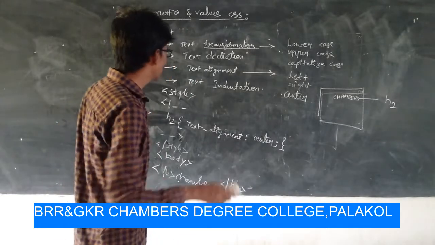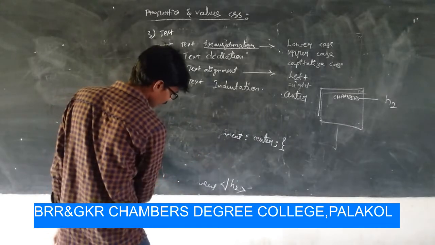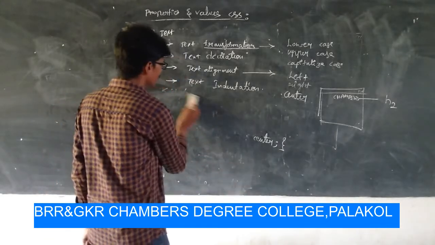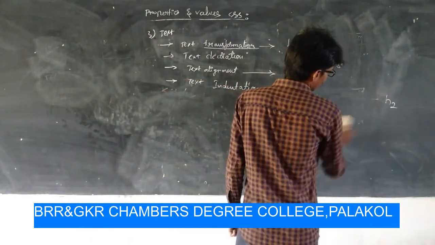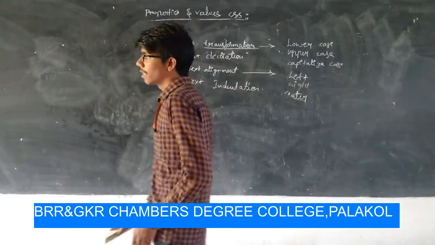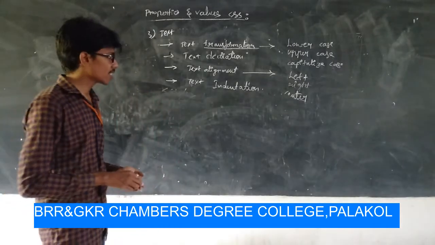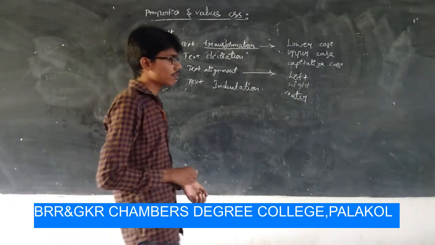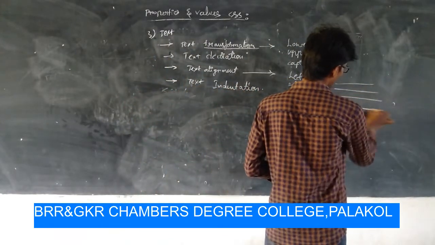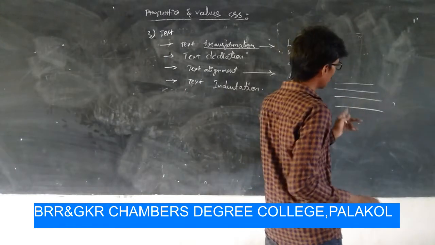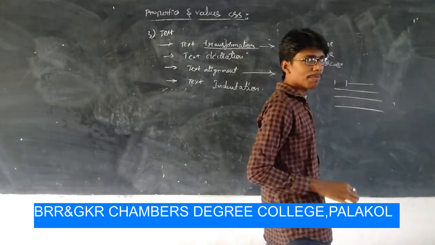Next one is text indentation. Text indentation means some space for the total paragraph. If you start a paragraph, for example, there you leave some space at the start of the paragraph.